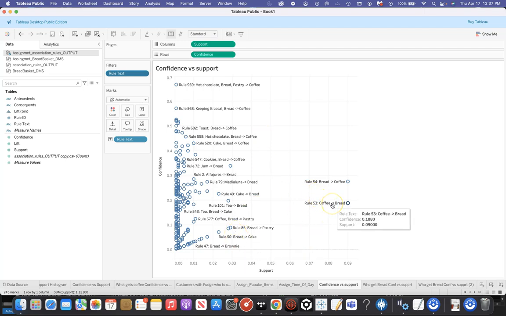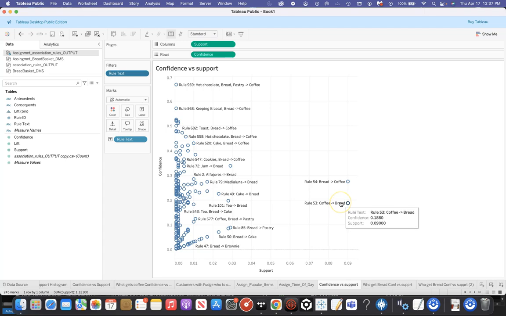Looking at these, we only have confidence and support. Confidence and support just show the frequency of occurrence that these 2 items go together, and confidence is how confident you are to say that if somebody purchases this particular item, coffee, they will purchase bread.